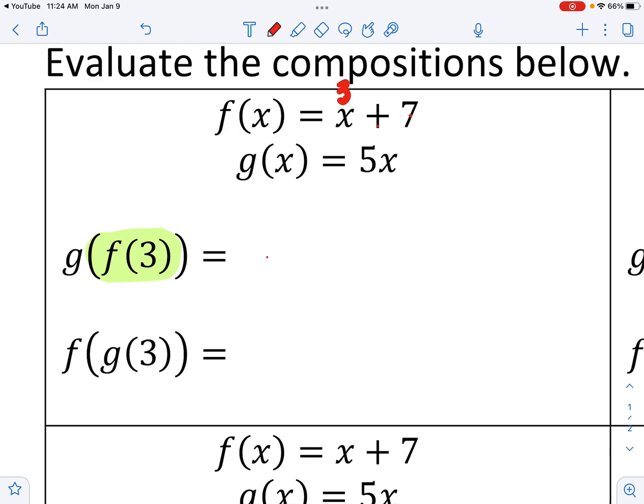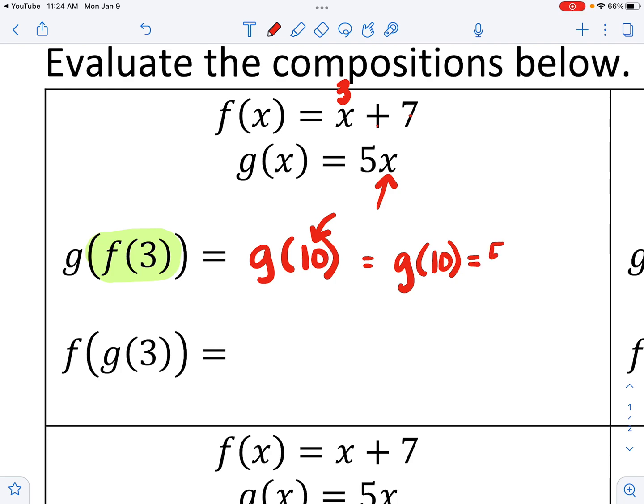So now I have to plug into g of 10. I take this value of 10 and I plug it into x. So g of 10 is equal to 5 times 10, which is 50.